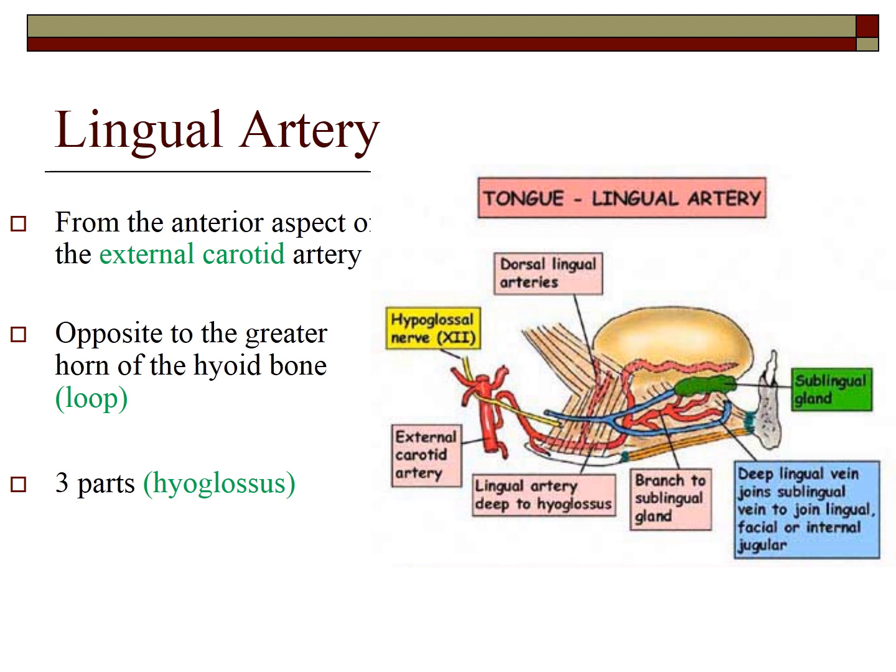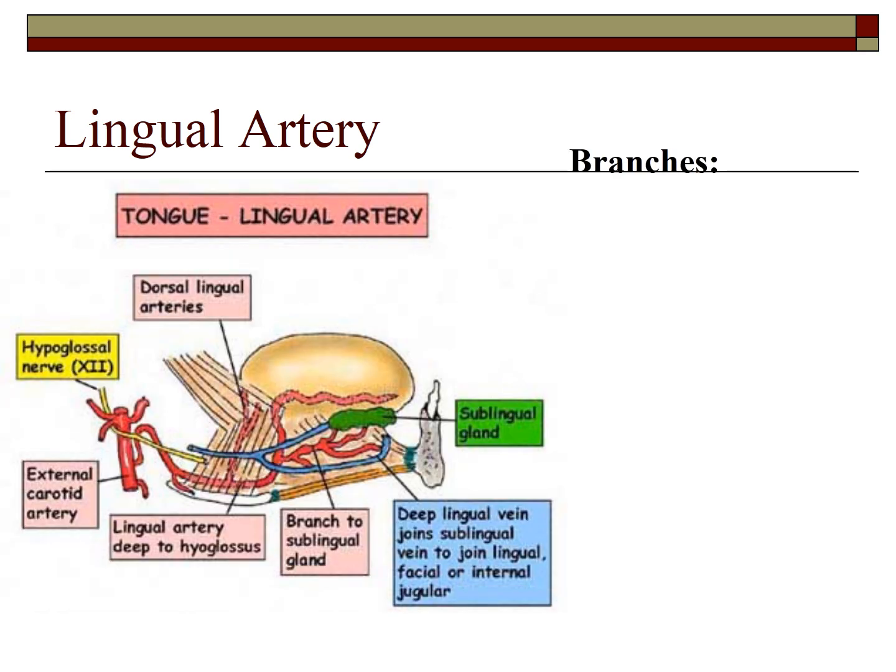What about the branches of the lingual artery? From each part, we have a branch. From the first part, we have this branch which passes above the hyoid bone and superficial to the hyoglossus muscle.